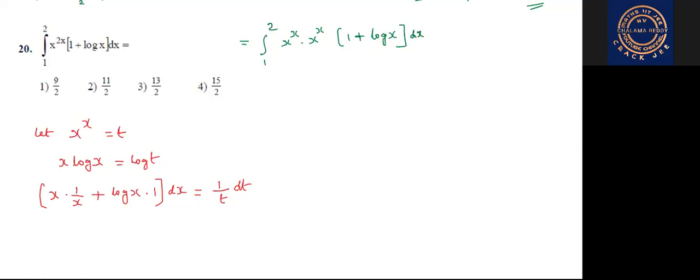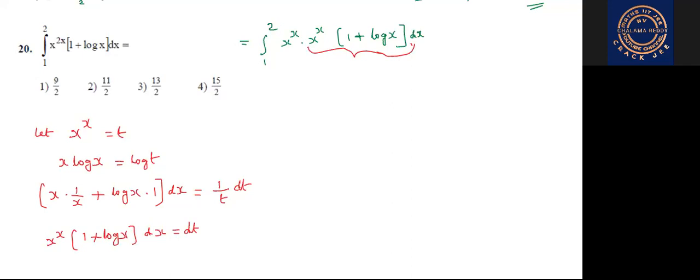T send to the left hand side, t means x power x only. Here x cancel, so we get 1 plus log x dx is equal to dt. So we got this part is dt. Yes or no?